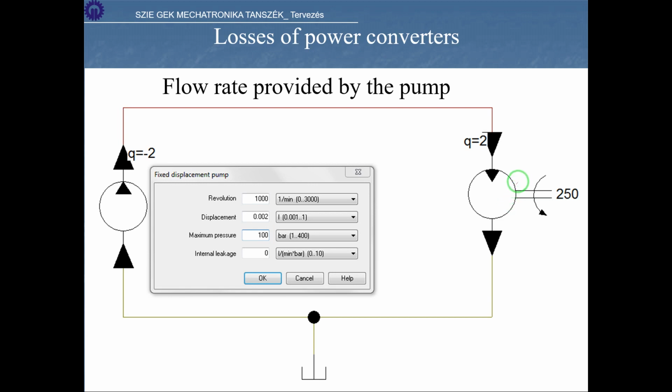The other thing is the hydromechanical losses, and these are the losses which convert the energy we are putting into the system to heat, basically. So these are the hydromechanical losses, and therefore they will heat the oil up.